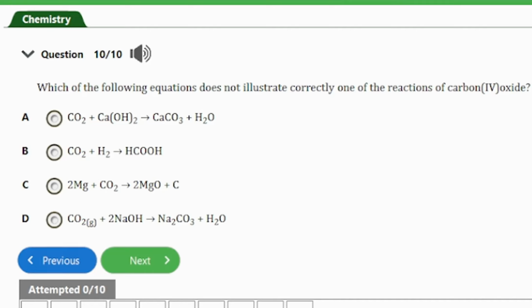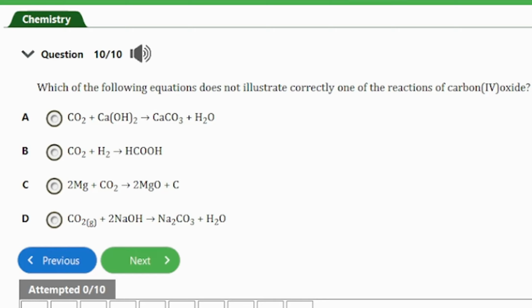It says, which of the following equations does not illustrate correctly one of the reactions of carbon(IV) oxide? So we see these equations here. All right, so we've seen option A here, we've seen option B here, we've seen option C here, and then we've seen option D here as well.